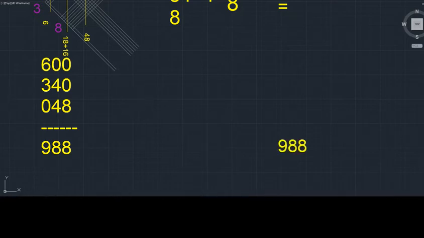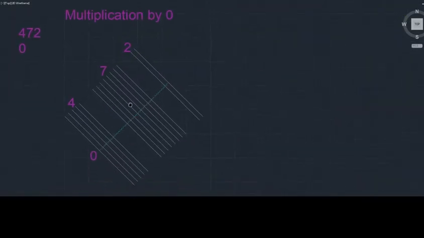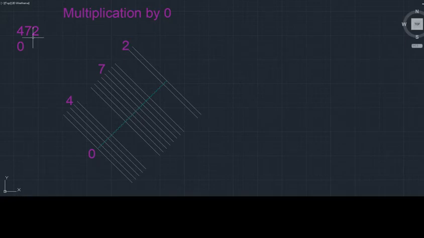So now we are moving on to the cases that we saw next to the proof. The first one is multiplication by 0. So this will be 472 multiplied by 0.